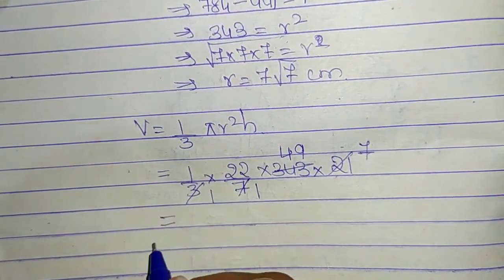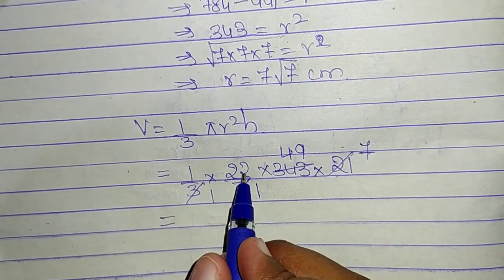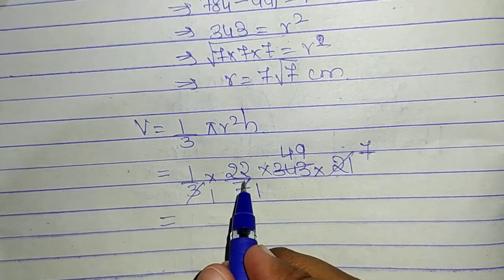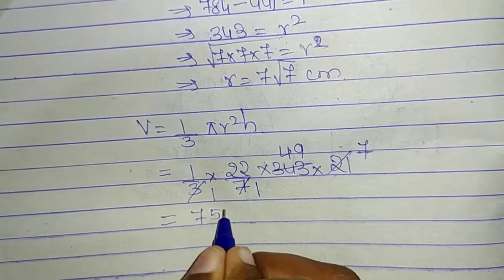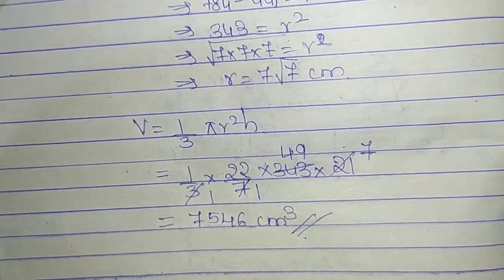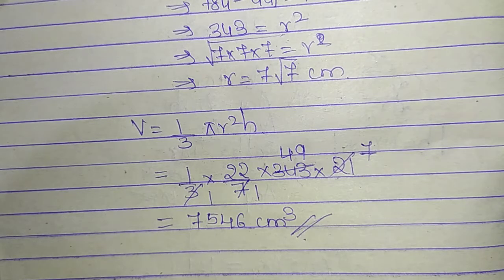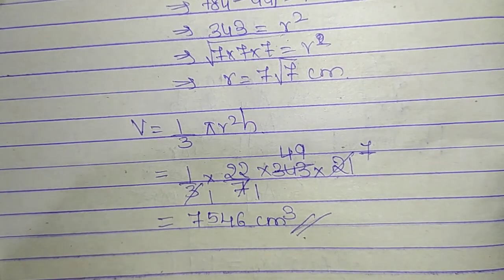So the volume of the cone is equal to 22 into 49 into 7, which is equal to 7,546 centimeter cube. Volume is given by cubic centimeters, cubic meters, or if there are no dimensions, then it is given as cubic units. So this is the solved 15th example.